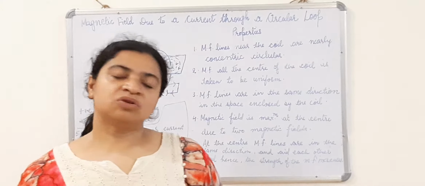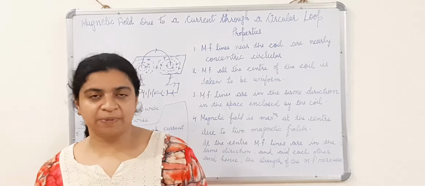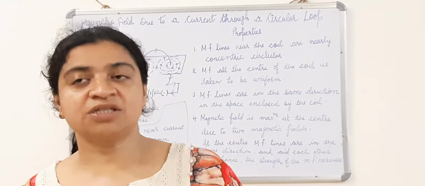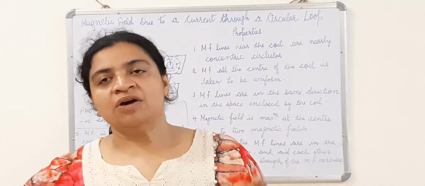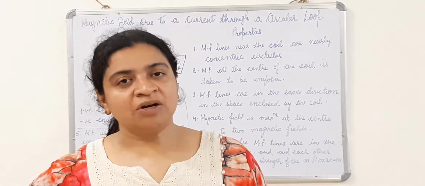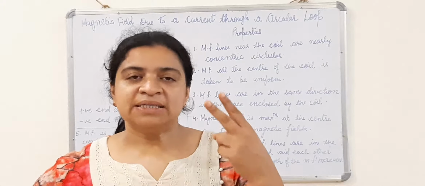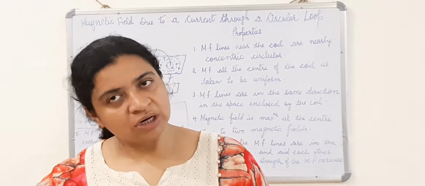In the same way, this question can be asked to you in different ways. Generally children, an activity is not asked in the paper. Generally you are asked to draw the pattern of magnetic field lines, or what will be the direction. In this case you may get three questions. One is the activity: demonstrate with the help of an activity the pattern of magnetic field lines around a current carrying circular loop. Second, draw the pattern of magnetic field lines around a current carrying circular loop.